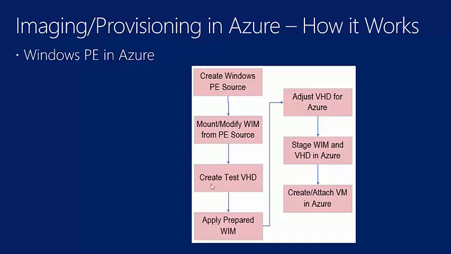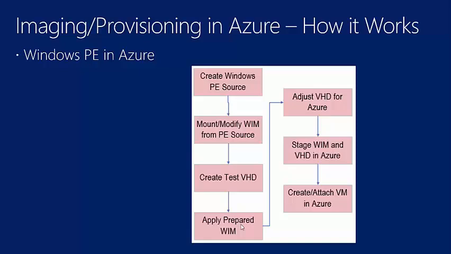And at that point, we've basically taken Windows PE that we created here, modified here, and we're dropping Windows PE onto the test VHD so that whenever we boot from that VHD, Windows PE comes up. Then, once we're in Windows PE and running, we're going to apply a WIM that will be the operating system that we're ultimately wanting to image onto the disk, right?